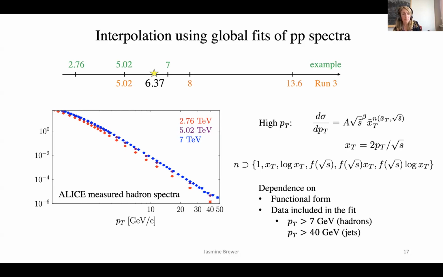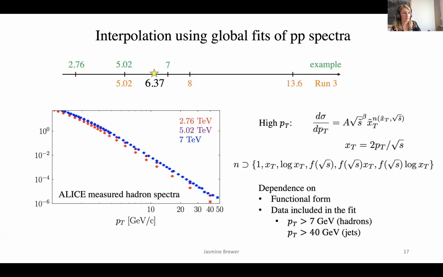There was a variety of work, starting around 1975, arguing that you could get a basic description of these cross sections as a function of pT in a relatively simple form in terms of the dimensionless variable xT, which is pT over root s, essentially with a factor of 2, and then some dimensional coefficient, and then a power of this dimensionless variable.